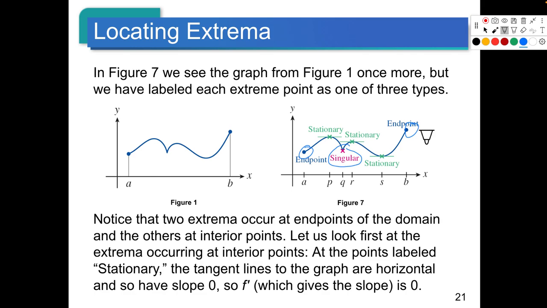So that's one thing we're going to be able to do. How do we find out if the endpoints are minimum or maximum? We find their location, plug them into the function to get the y values. So in the end, it's all about finding where those x values are, plugging them not into the derivative function, but into the original function, getting the y values, and then just putting them in order from smallest to largest.